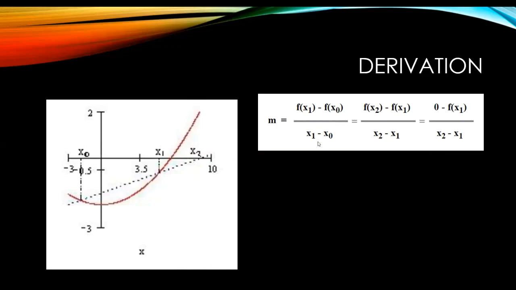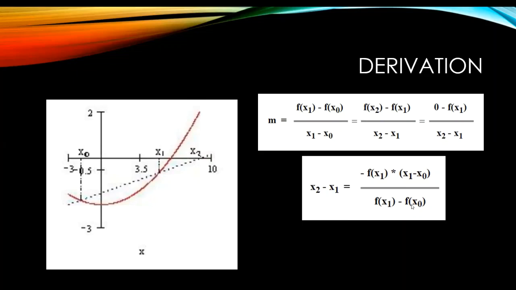So when we evaluate this portion of our equation and this equation, we transfer x sub 2 minus x sub 1 to the left side and this equation to the right side, and the result will be this.